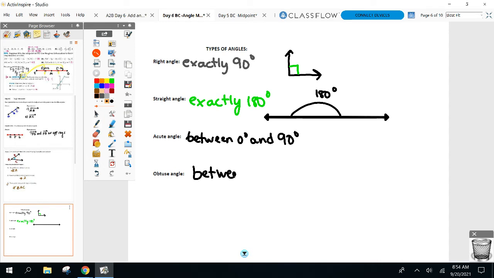Does it include 180? No, it does not. Just like acute does not include 0 and 90. So I'm just saying between, I'm not saying or equal to. Between 90 and 180. All right, so good terms here.